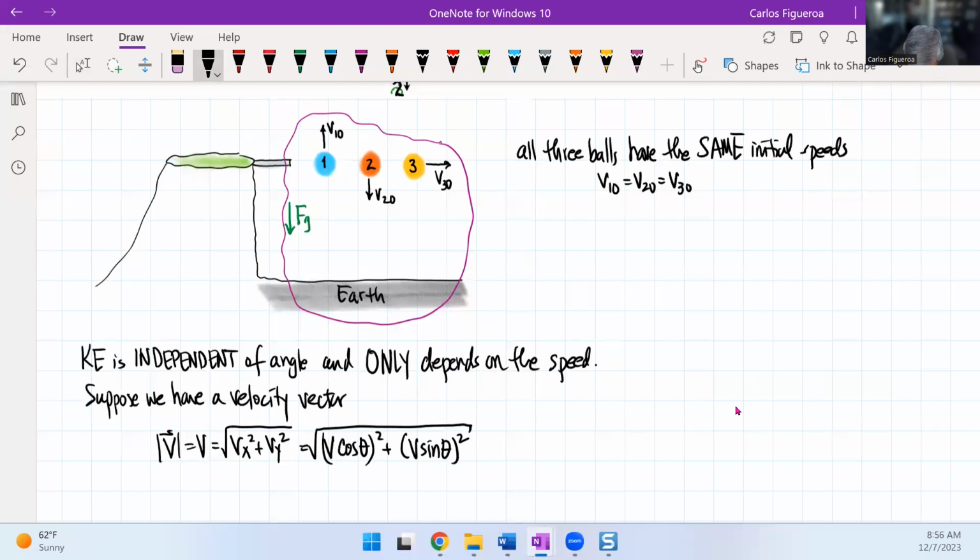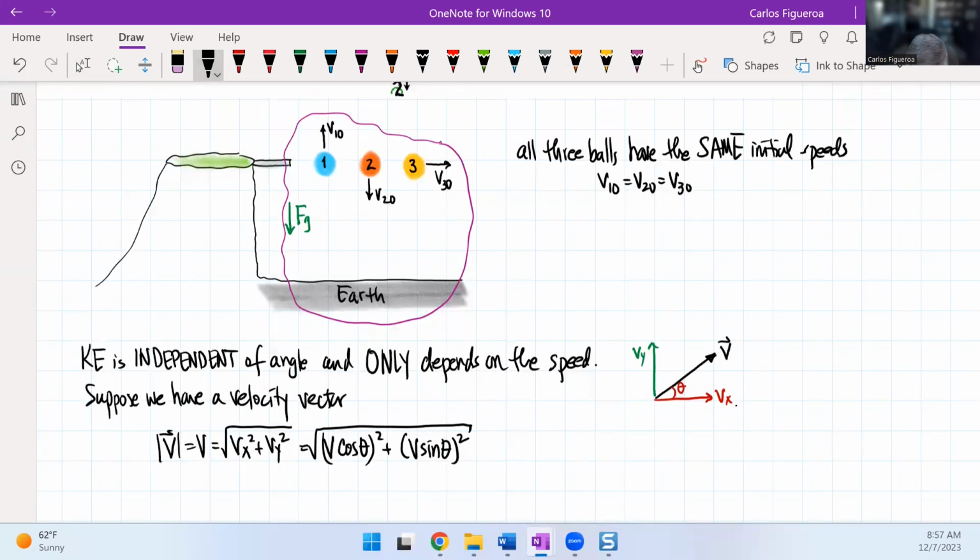So picture-wise, I'm taking a velocity vector like this, and then I'm going to create an x component, with this as being the angle here, and I'm going to create a y component that looks like that. That's what this means.